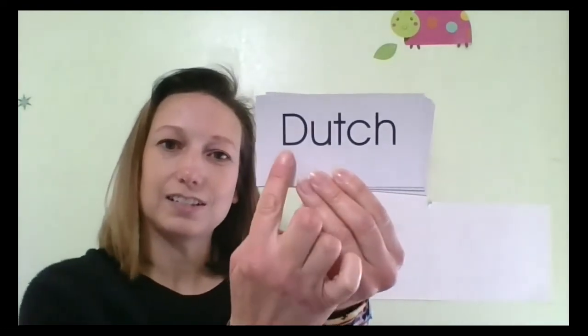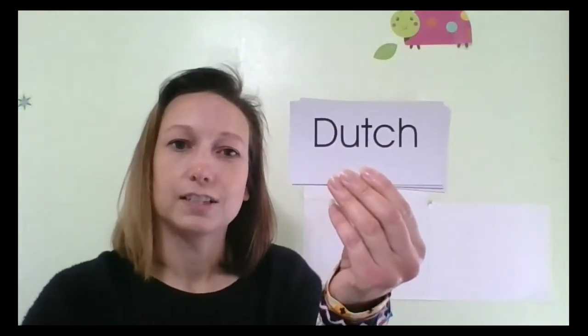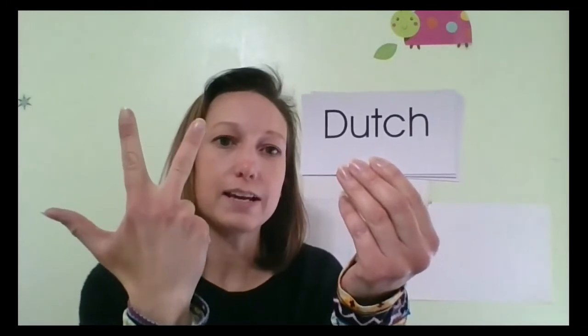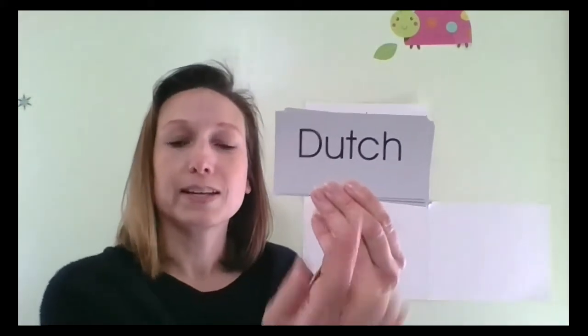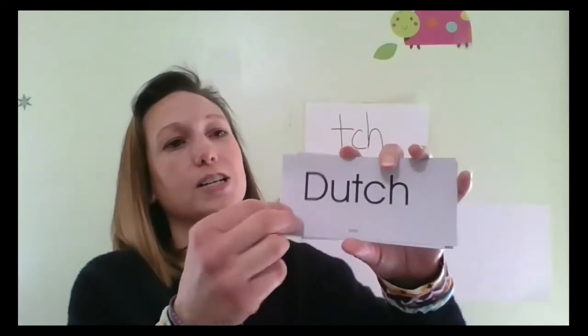Dutch. Ch, Dutch. Look at all those letters, but we have ch. 3 sounds, but 5 letters because this TCH says ch, and this uppercase D tells me this is a name of people who are Dutch.